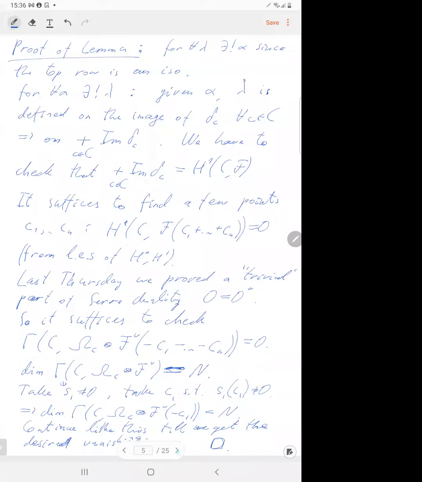So this is a very powerful package: Riemann-Roch plus Serre's theorem.